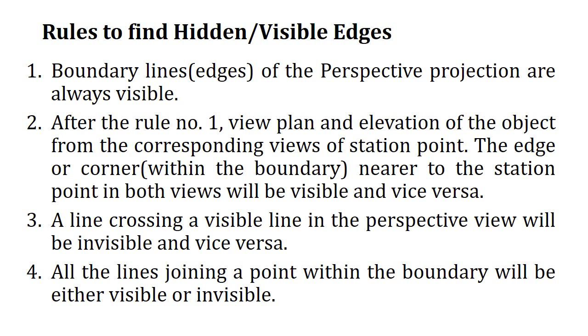If you identify a base corner within the boundary as invisible, then all the three edges joining that corner will be invisible. So these are some tips to find the hidden or visible edges in the perspective view.